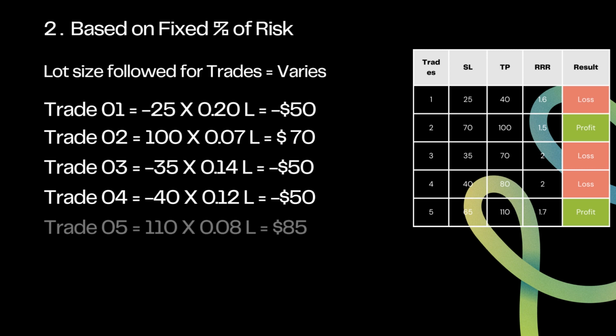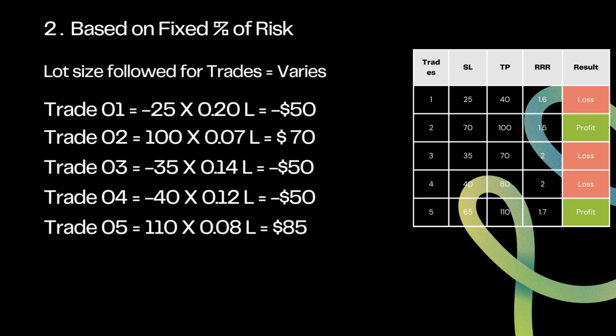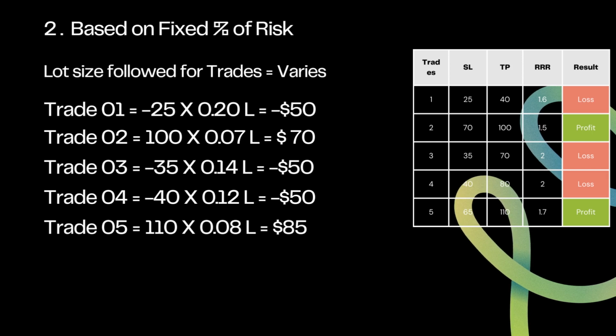But on trade 5 we got 110 pips, but the lot size is smaller, 0.08, because our stop loss was 65 pips. So we had to take a smaller lot size to ensure the stop loss is only $50. So we received only $85, even though we are in profit.